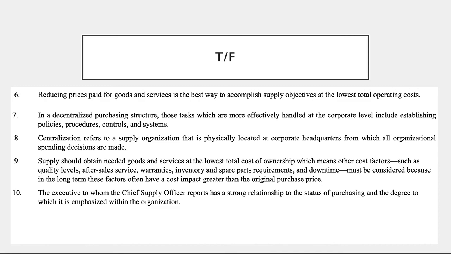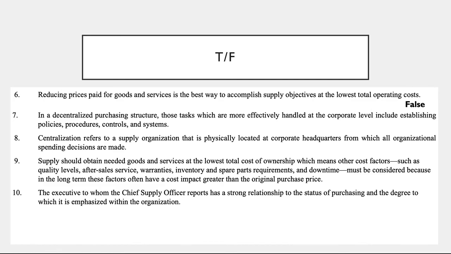Okay, statement number 6. Reducing prices paid for goods and services is the best way to accomplish supply objectives at the lowest total operating costs. This statement is false, because as we know, it takes resources to operate supply, such as salaries, communications expense, supplies, travel costs, computer costs, and accompanying overhead.